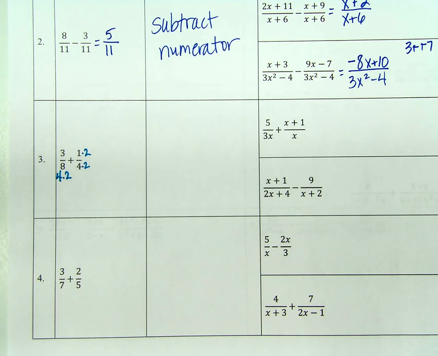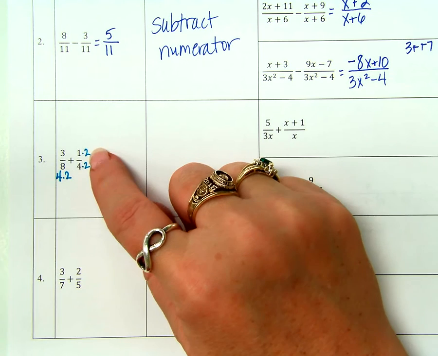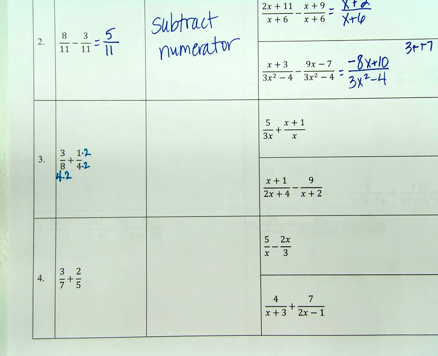Why? I get what you're telling me, because that's what has always been told to you. If you do it to the bottom, you always have to do it to the top. My question stands. Why? If I multiply something by 2 over 2, what am I actually multiplying it by? 1. 1 is the only number I can multiply something by and not change its value.